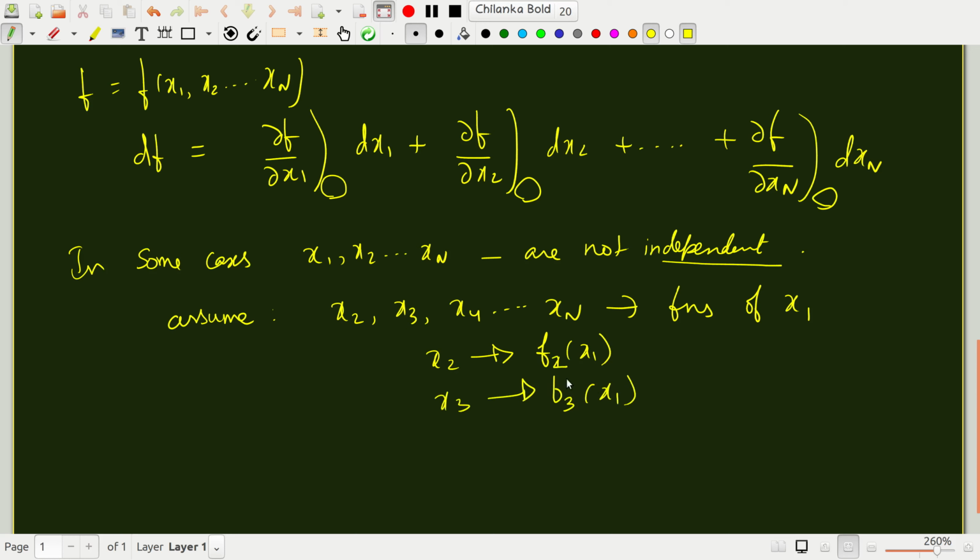Then effectively f becomes a function only of x1, because you can eliminate all the other variables in favor of x1 and write f essentially as a function of x1.